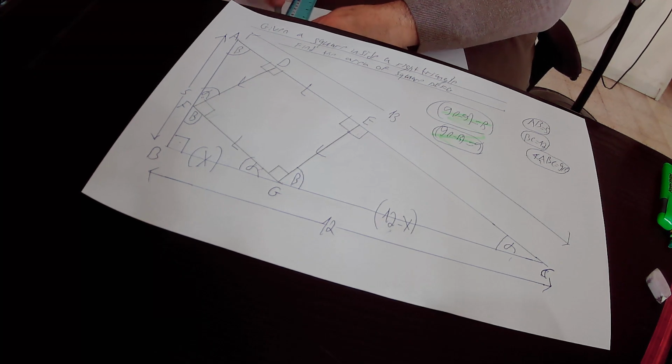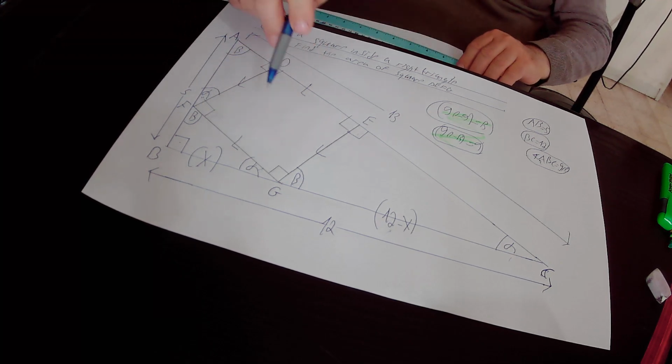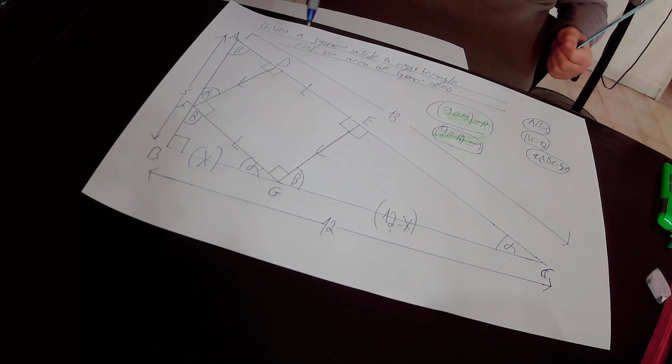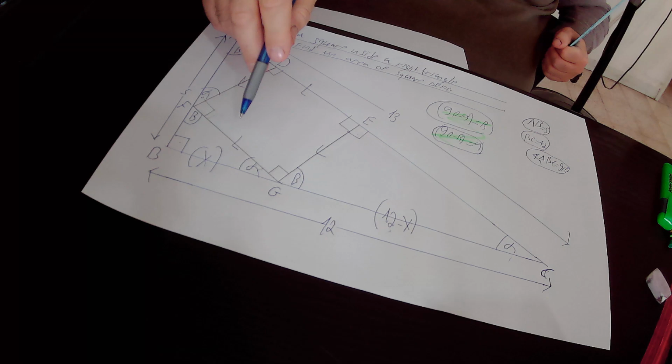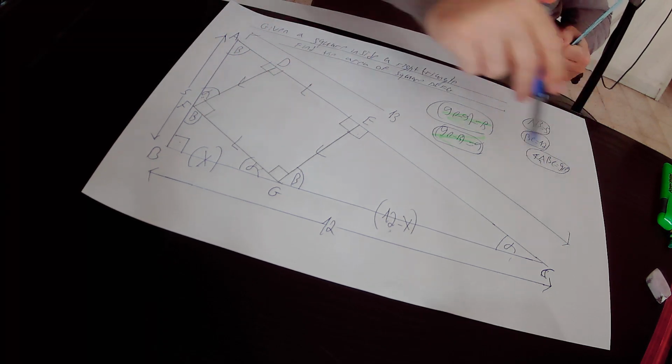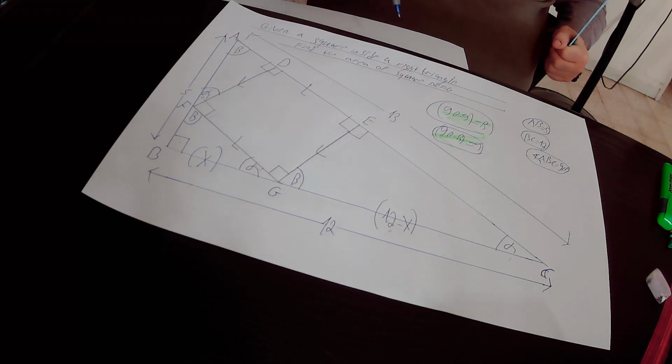From the fact that the right triangle FBG is similar to the big right triangle ABC, we derive equation 1: X over L in the right triangle FBG equals 12 over 13 in the right triangle ABC.